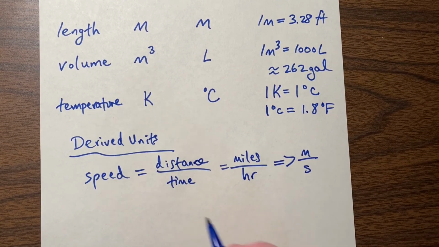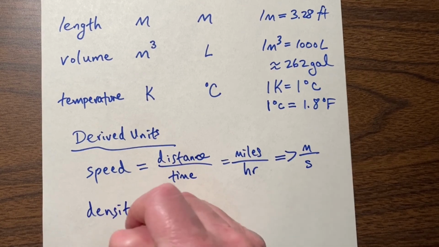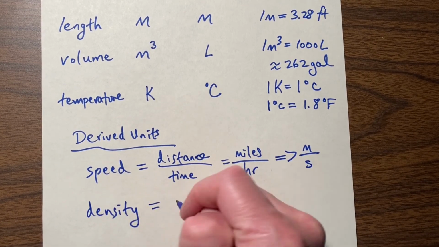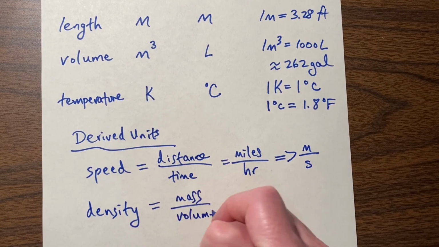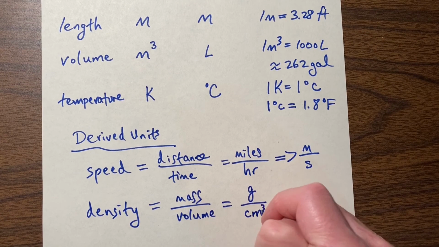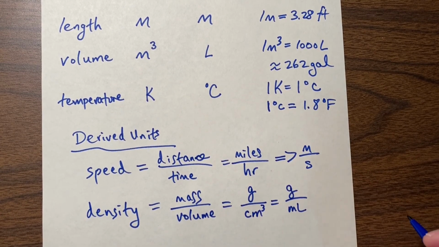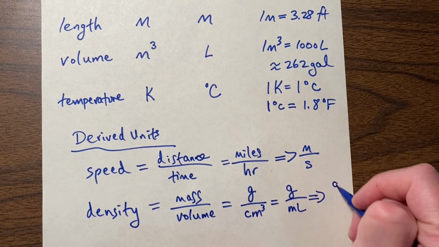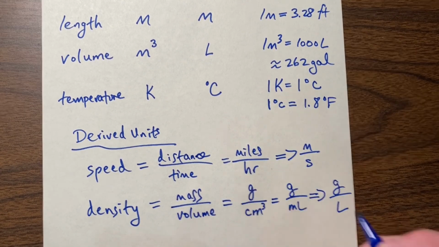Written like that. Another important derived quantity we use all the time, you used it in lab with the density of egg, is density, defined as the mass over the volume. And common units are grams per cubic centimeter, which is equal to a gram per milliliter. But we can also use grams per liter to specify the density of gases.